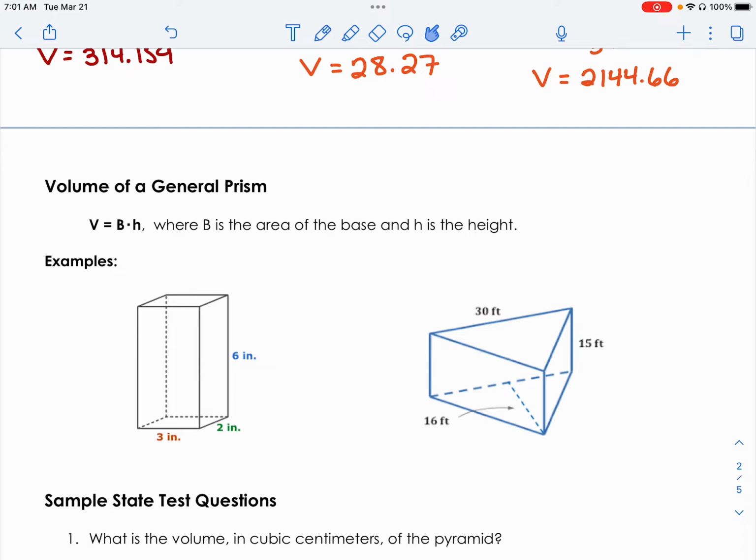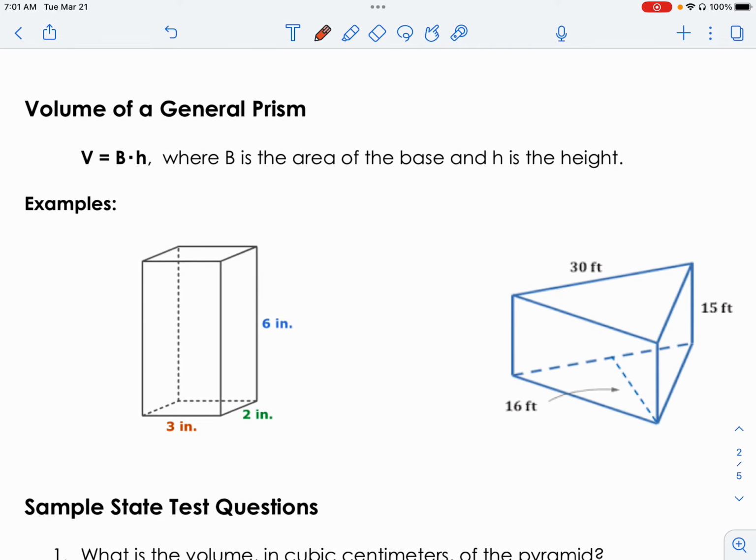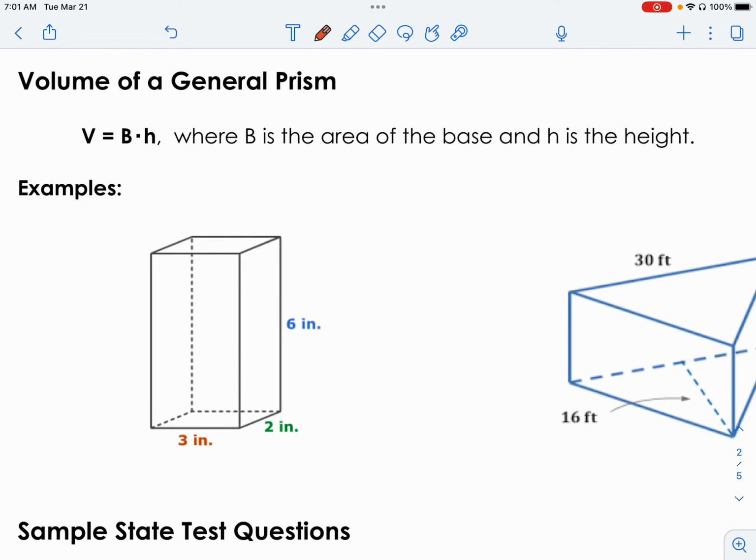So volume for a general prism, and we just call a prism some type of three-dimensional shape here. So like a rectangle that has been turned into 3 dimensions, and the volume again is the B, but notice it is big B, which stands for area of the base.